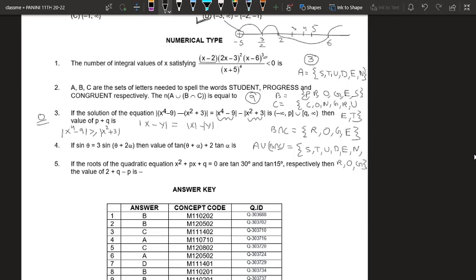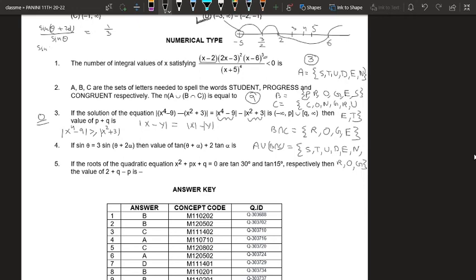Now problem number 4. Sine theta is equal to 3 sine theta plus 2 alpha, then find the value of tan theta plus this. Fine. So if we start with componendo and dividendo, sine theta plus 2 alpha divided by sine theta is equal to 1 by 3.